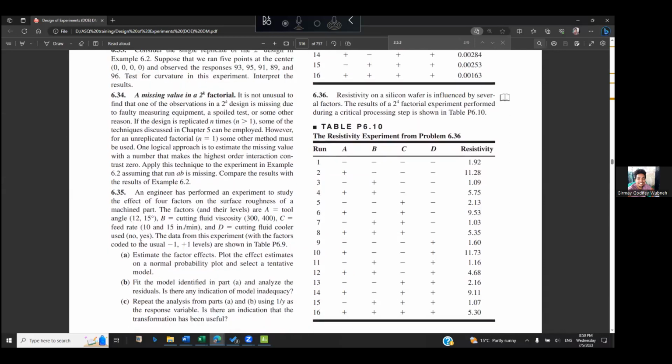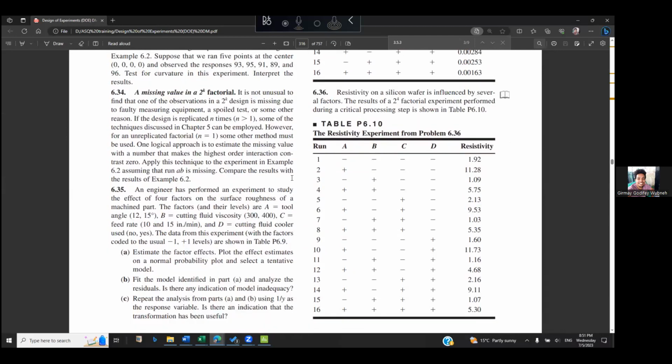Yeah, this is 6.35. An engineer has performed an experiment to study the effect of 4 factors on the surface roughness of a machined part, and the factors and their levels are A, tool angle, with levels like 12 and 15, coded -1 and +1. Factor B is cutting fluid viscosity, C is feed rate, and D, cutting fluid color, is used as noise.